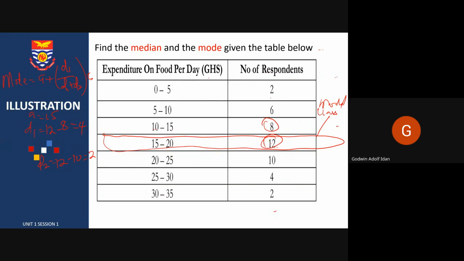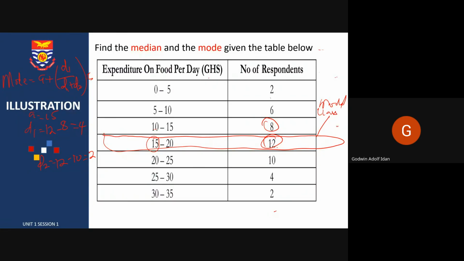And so that class becomes the modal class. Once we get that one to be the modal class, then we will trace our A, which is representing the lower class boundary of the modal class. In this case, A is 15.